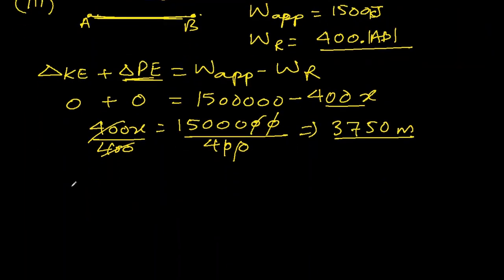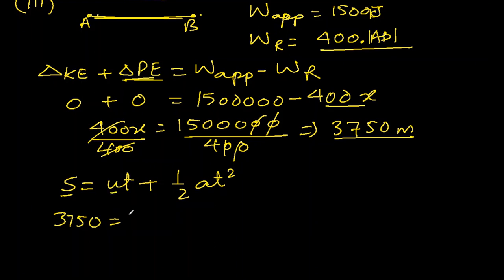Okay, so we can use S equal to ut plus half at square to find time, right? S is known to us now, 3750 equal to u, which was 50 meters per second, the maximum speed they said, times time t, and there is no acceleration.